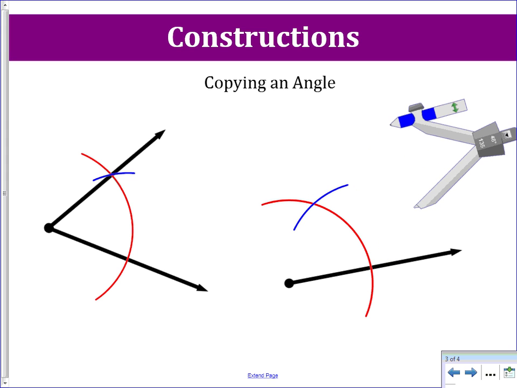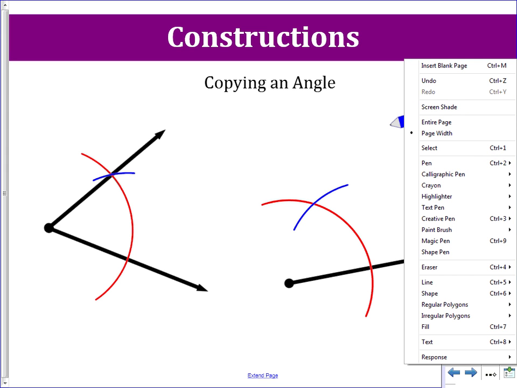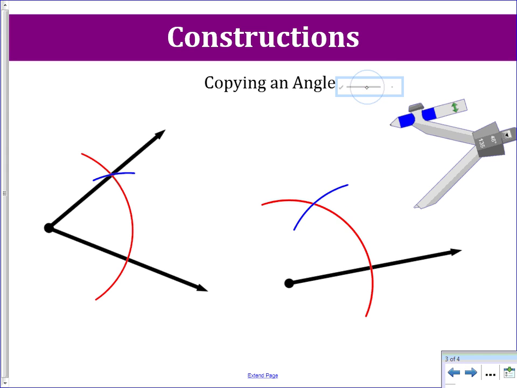Once we make that blue arc, we connect that new intersection point to our vertex, and we are then going to have an angle that is congruent to our original angle. So now our two angles are congruent, and you have your first constructing a congruent angle, or copying an angle, construction. Those two angles have a different orientation, but they are congruent.